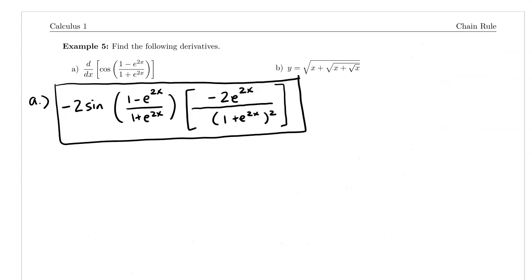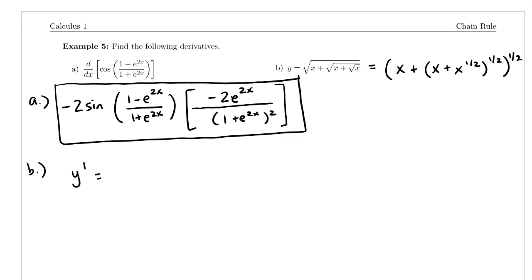All right, for part B, I'm going to rewrite our function so that it's going to be easier for me to use the power rule on it. Okay, so now that I've rewritten our function using rational exponents, let's go ahead and start to take the derivative of this.